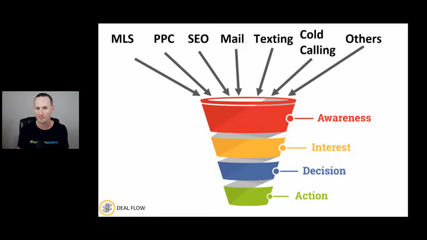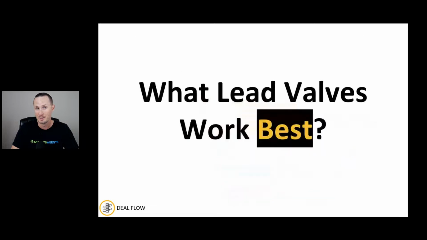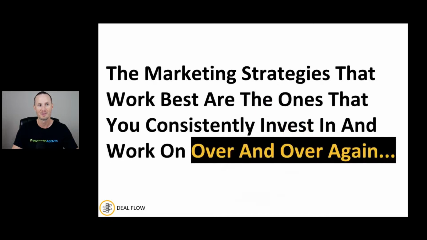Those you shut off, and you'll find that most of your leads come from one or two sources, and it's probably going to be the sources that you focus the most on. Those end up being the lead valves that work best. The strategies you work consistently, invest in, and work on over and over, day in and day out, are the ones that produce the most results for you. Funny how that works, right?